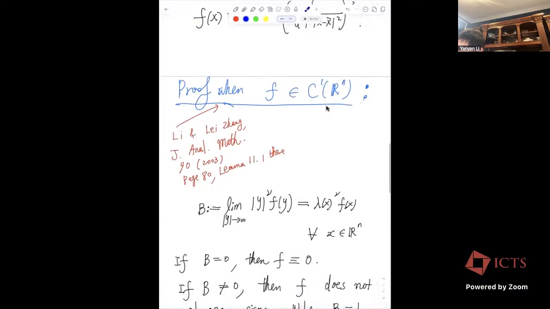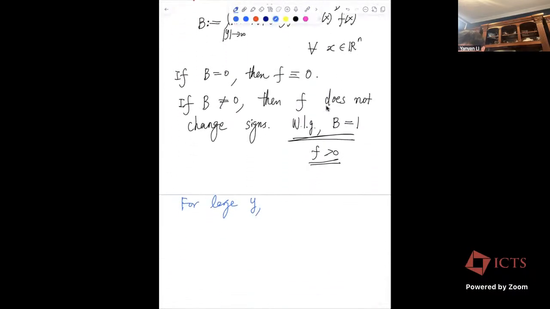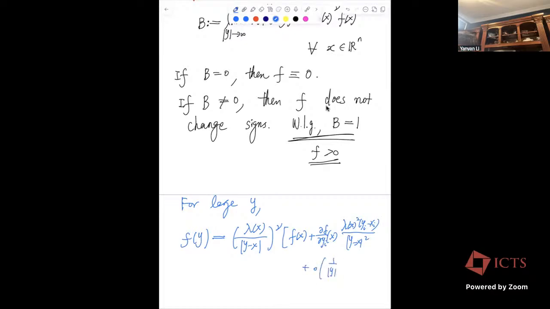Then you will see that f of y is equal to lambda of x, y minus x to the nu, times f of x plus df/dy_i at x, lambda of x squared, (y_i minus x_i) over |y minus x| squared, plus little o of 1 over y, for fixed x, for every x.